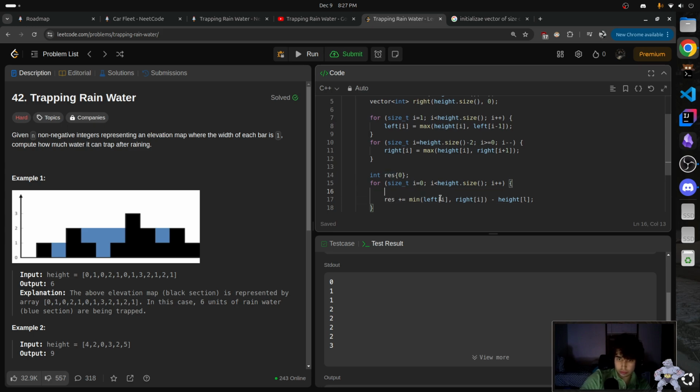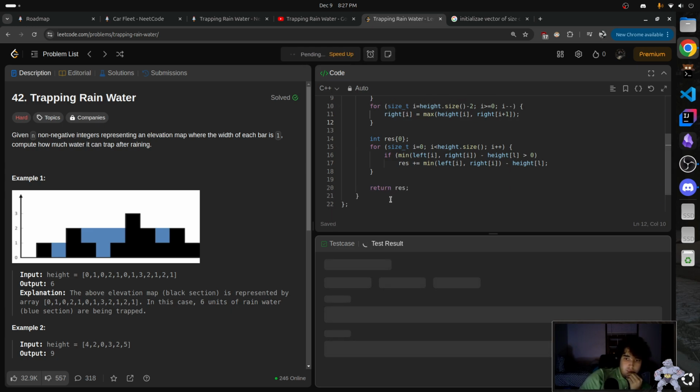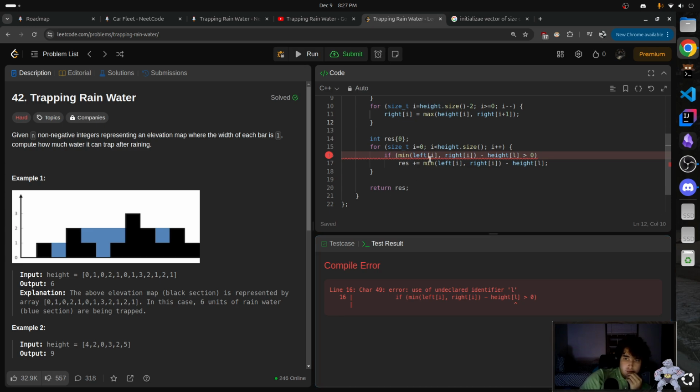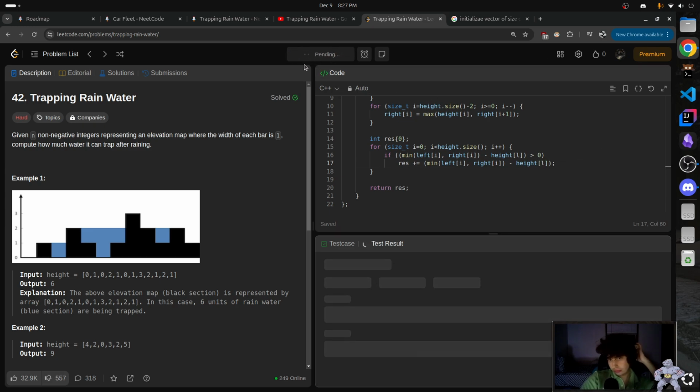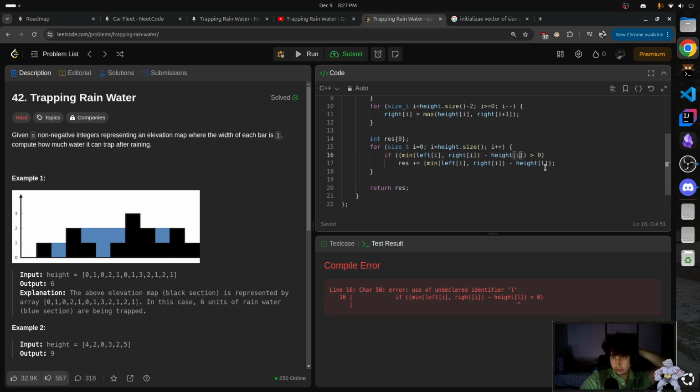So if is greater than 0, oh, what is L? It's I. Oops.